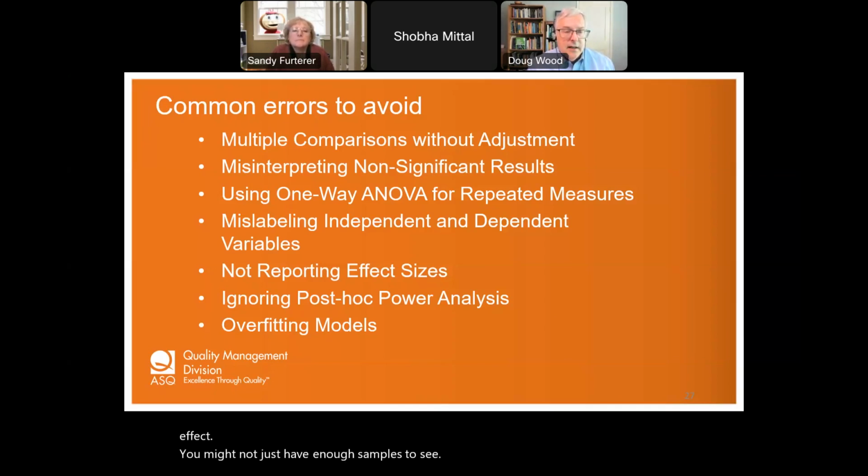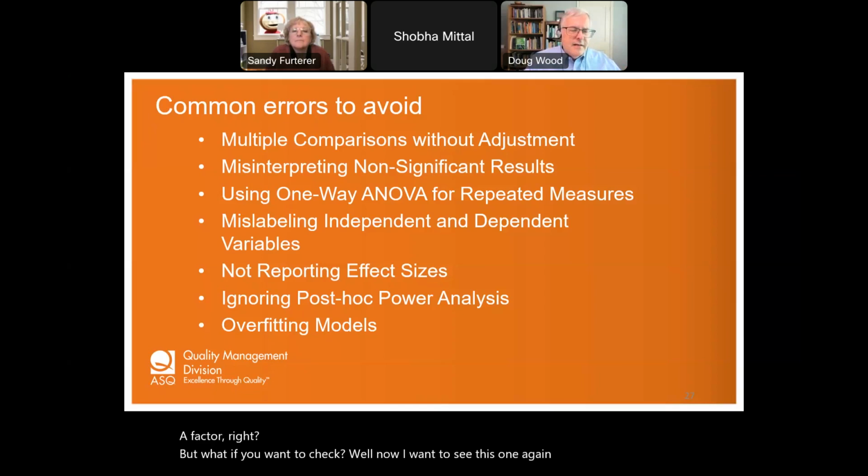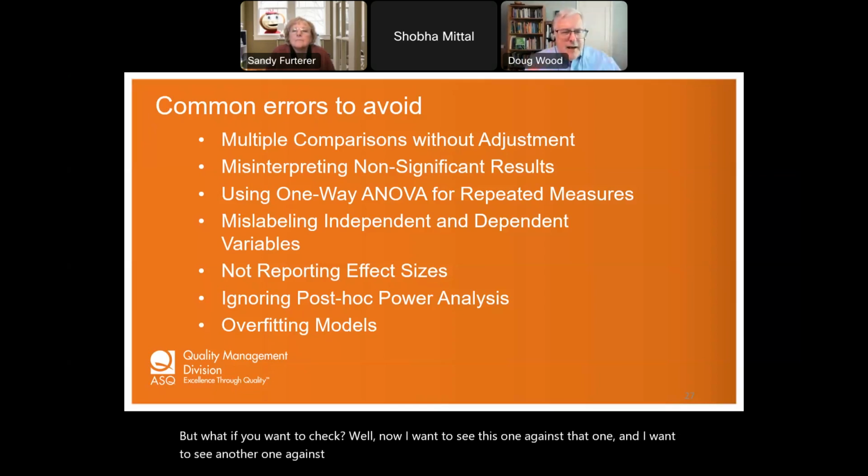There are a number of other ways this goes wrong. Using one-way analysis of variance for repeated measures. We mentioned that one-way analysis of variance is for when you have a single factor. But what if you want to check this one against that one, and another one against another? Now you're talking a different analysis. One-way analysis of variance works within the limitations we've told you.